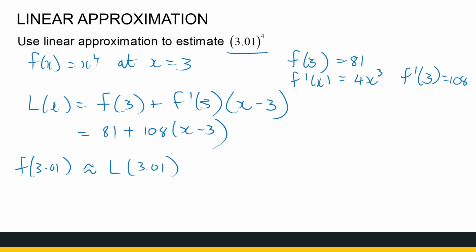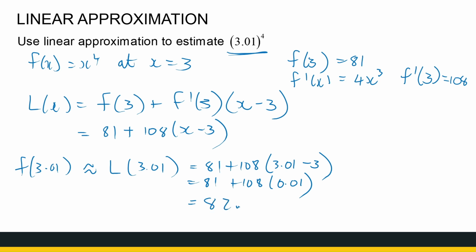So 3.01 to the power 4 is approximately equal to 81 plus 108 times 3.01 minus 3. So that's 81 plus 108 times 0.01, which gives me 81 plus 1.08, so that's 82.08.